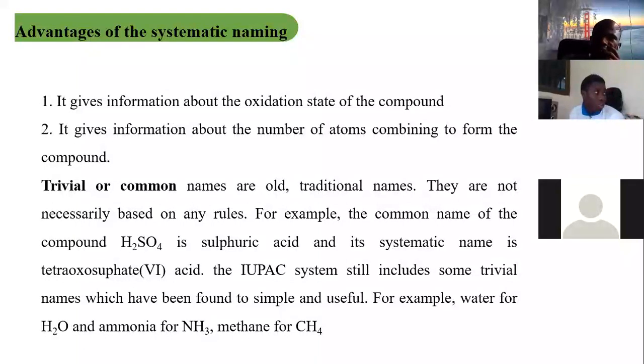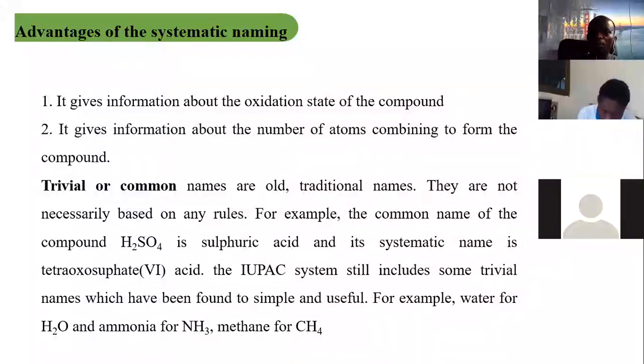Now, in the IUPAC system of naming compounds, there are some names we call common names or trivial names of compounds. What are they? These names are old and traditional names. They are not necessarily based on any rules. For example, the common name for the compound H2SO4 is sulfuric acid.